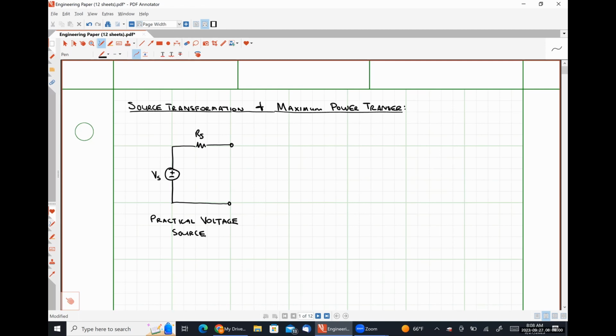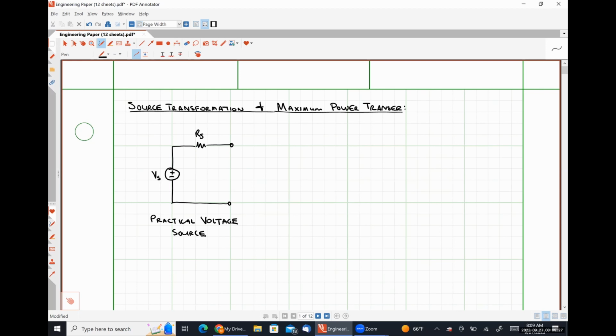Now, the ones that we have in this room are very, very cheap and very, very crappy, as I'm sure you guys have noticed. So they don't actually have a particularly good internal source resistance. It's on the order of a few ohms, whereas for most well-designed DC power supplies and things like that, it's on the order of tens of milliohms or smaller.